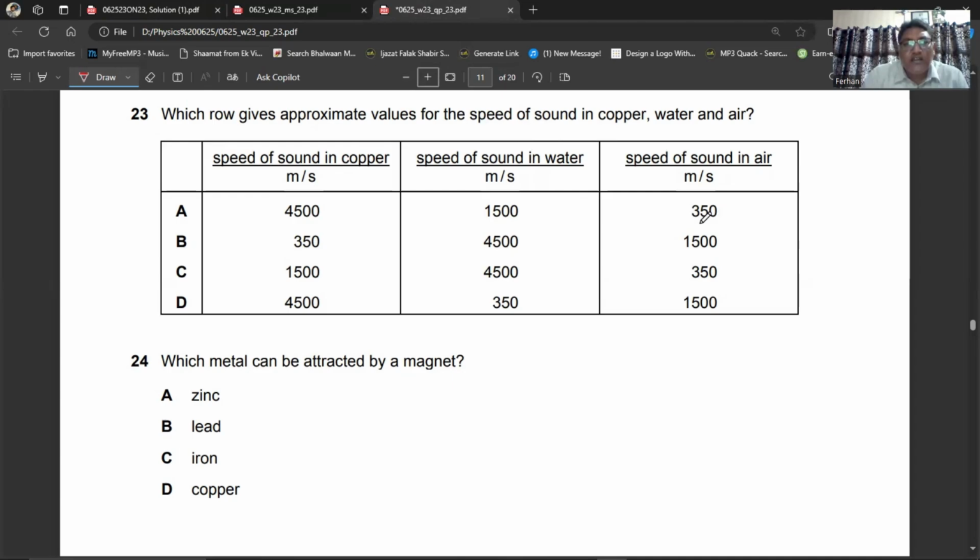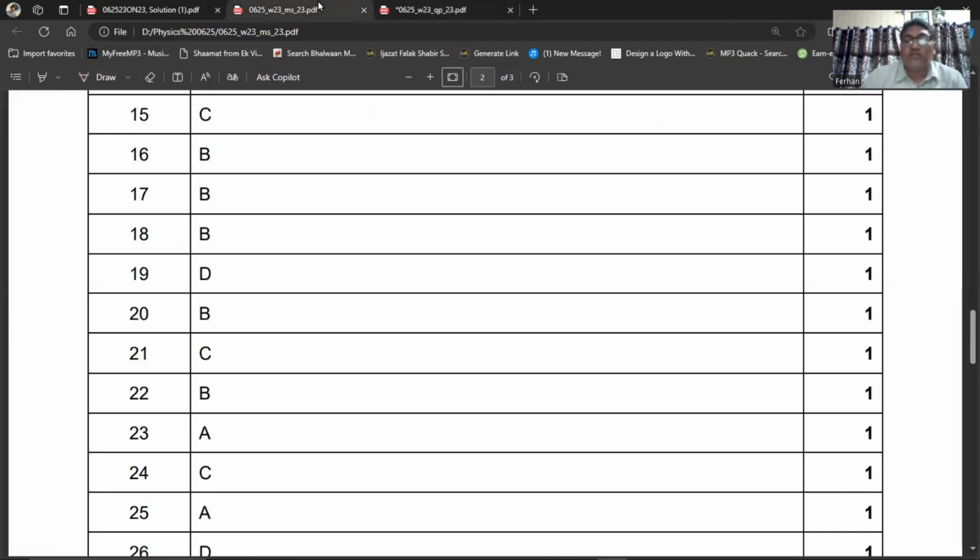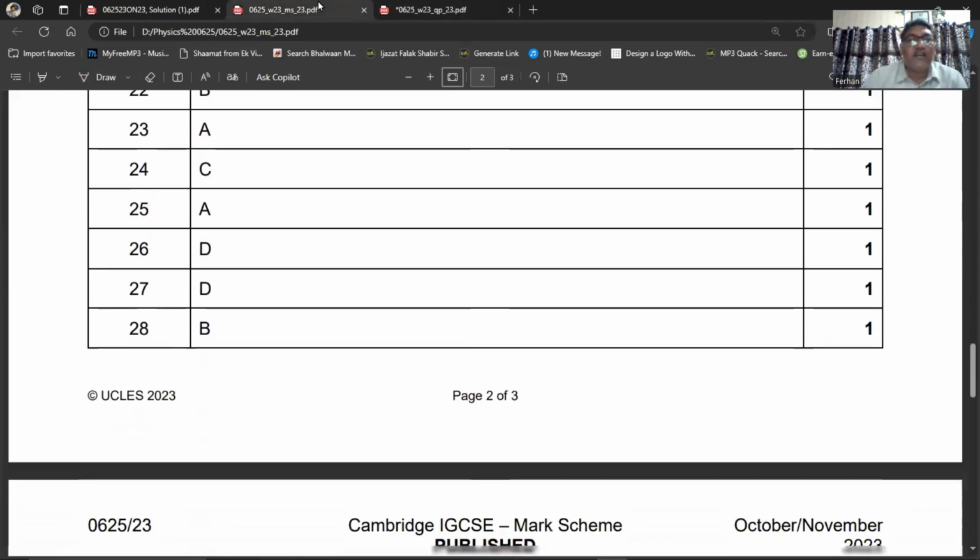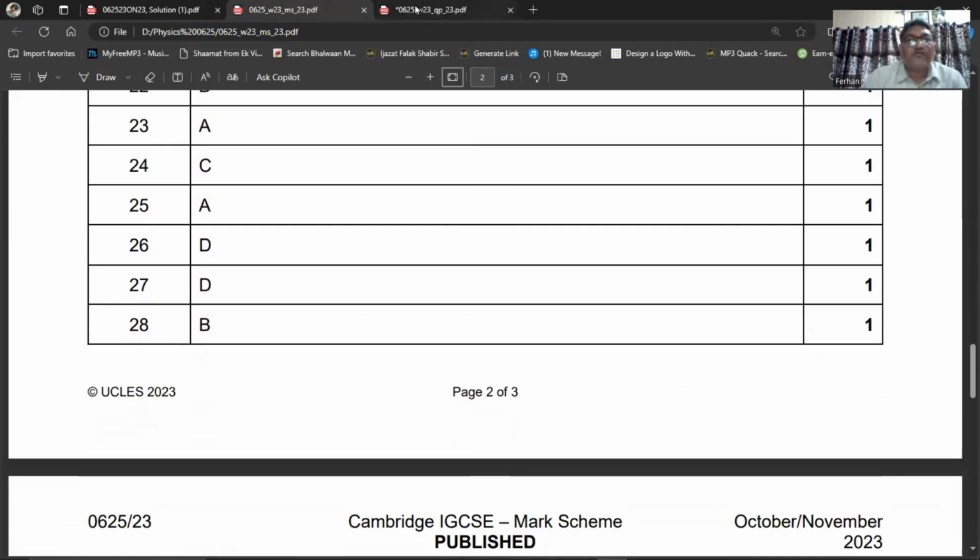So the highest speed must be in the solid. So the correct order is only given here: 4,500 meters per second, in the liquid 1,500, and in the air 350 meters per second. So I think A is the option, sir. Question number 23, A is the right option.